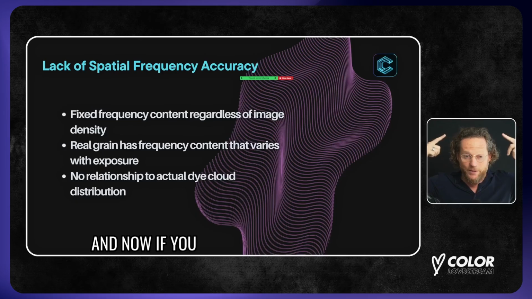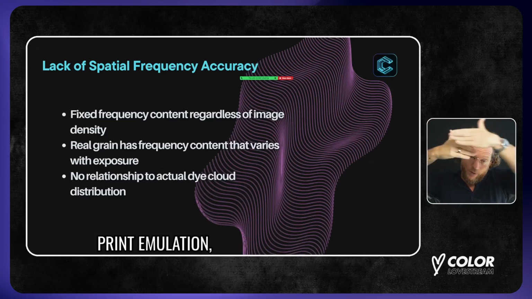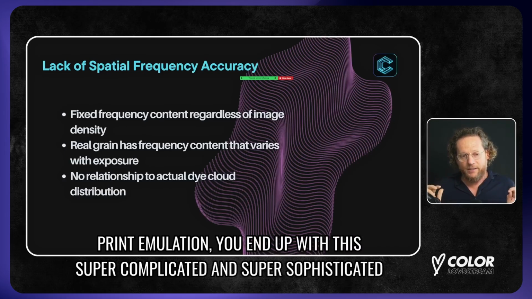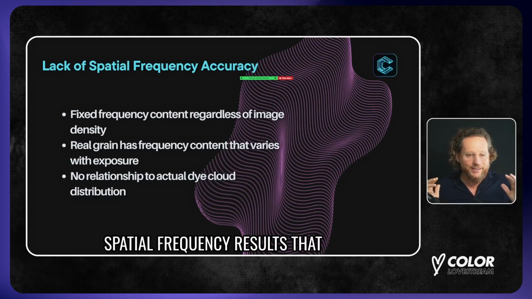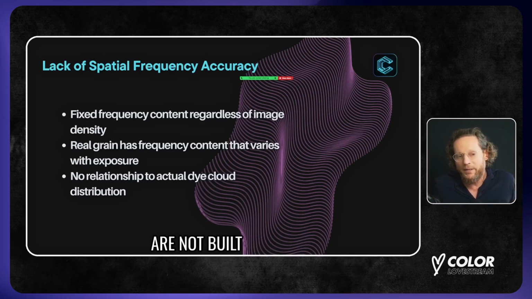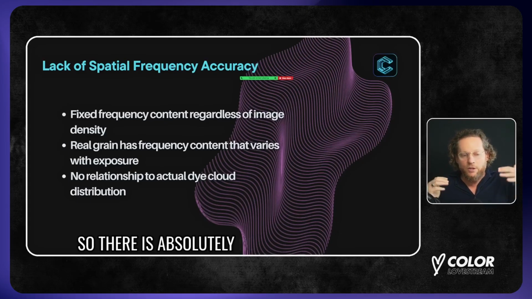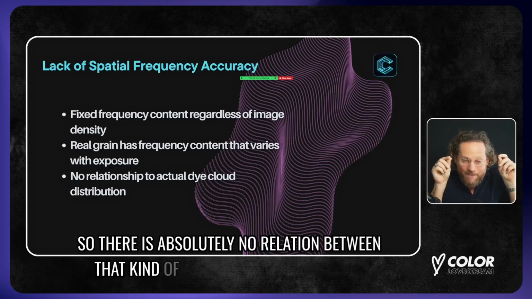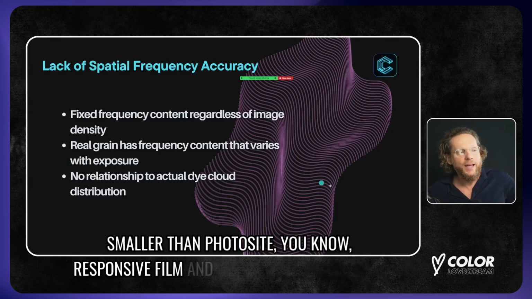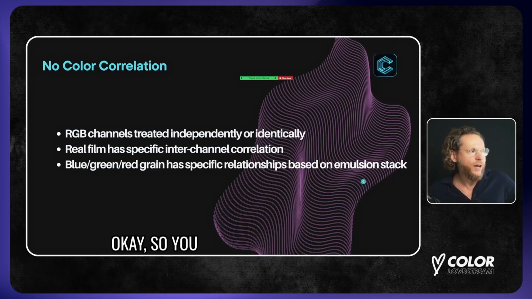And now, if you think about it, if we try to bring in that negative print emulation, you end up with super complicated and sophisticated spatial frequency results that film scanners can't really resolve because they are not built for that. They have a fixed frequency, right? So there is absolutely no relation between that fine, much smaller than photosite, response of film and what you have actually scanned. Okay, so you have a real problem.